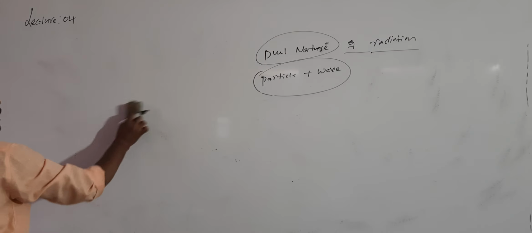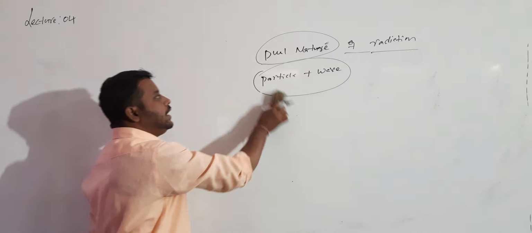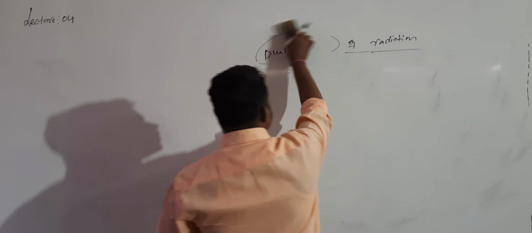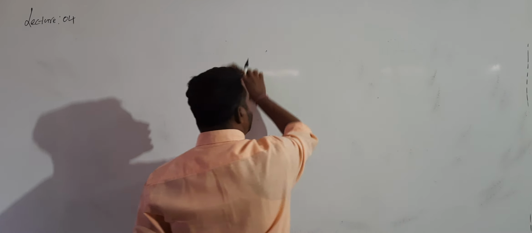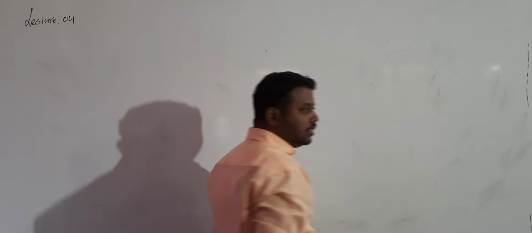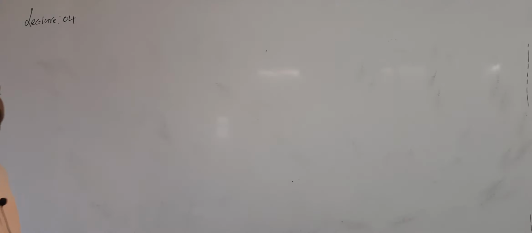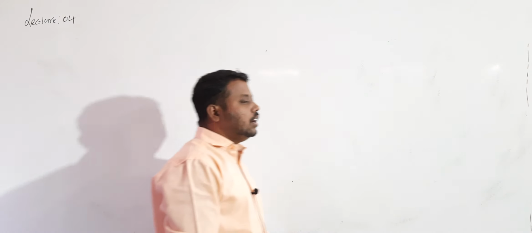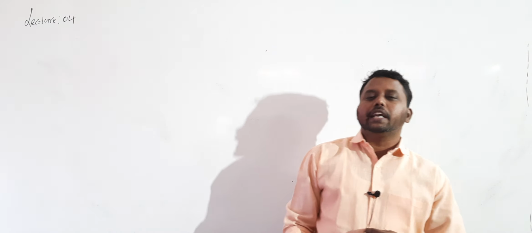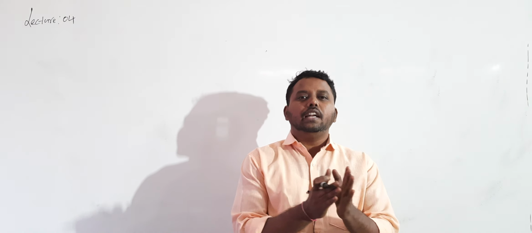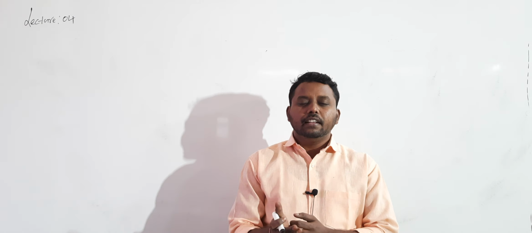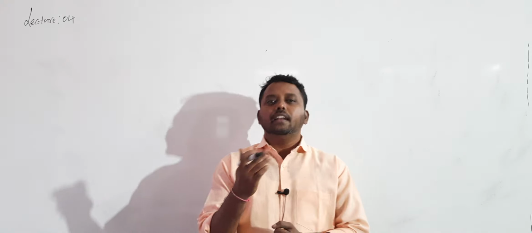Therefore, after the photoelectric effect, light behaves with a dual nature. That's why the chapter is named dual nature of matter and radiation. They will ask what is the conclusion of the photoelectric effect. According to the photoelectric effect, the nature of light is particle nature.